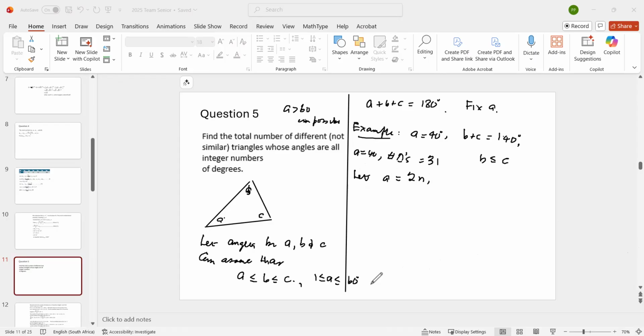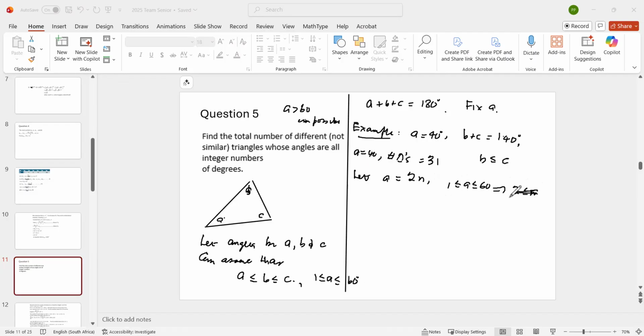Now, 2n is less than 60, so n can be at most 30.